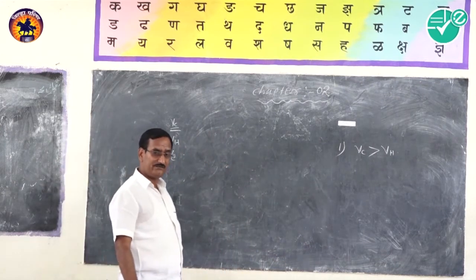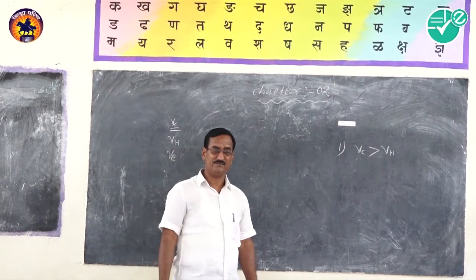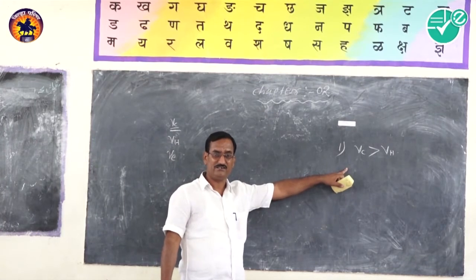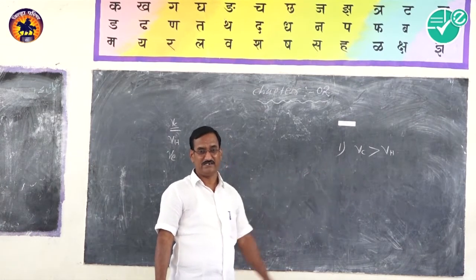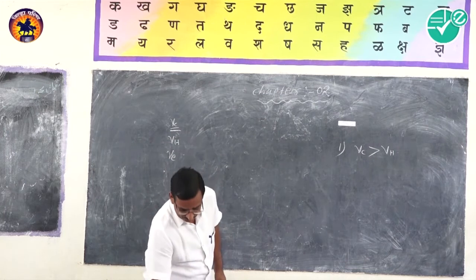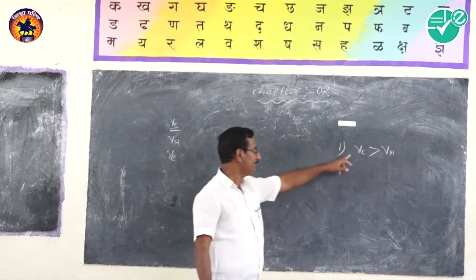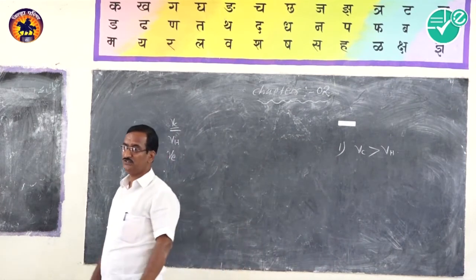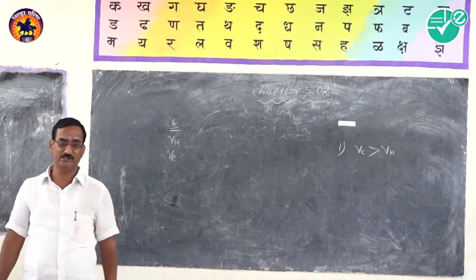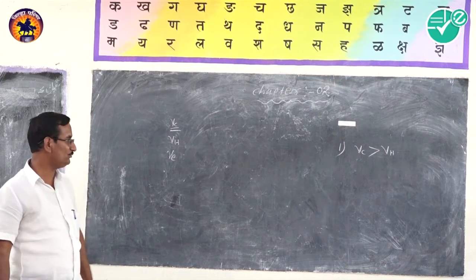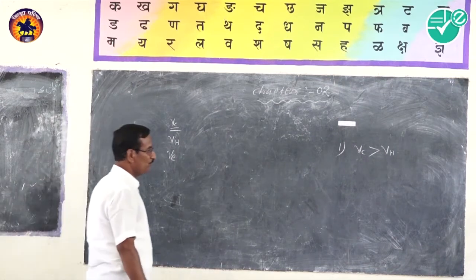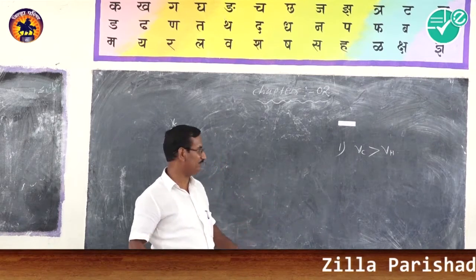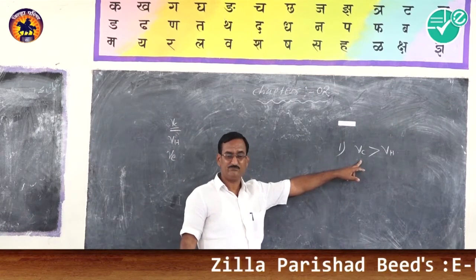The critical velocity is directed in the upward direction, and the horizontal velocity is directed in the horizontal direction. So if Vc is greater than Vh, the satellite goes only in the upward direction and never turns into the horizontal direction.